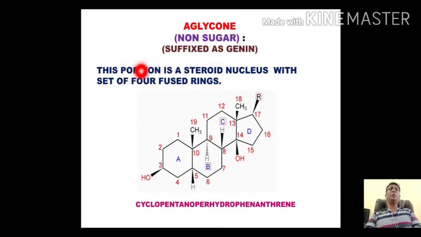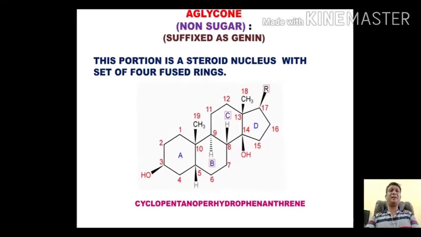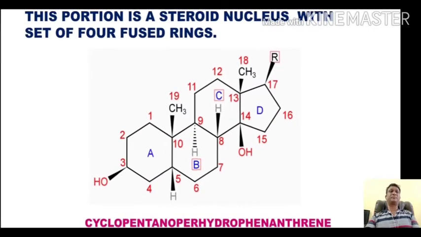This aglycone portion is suffixed as genin, and this portion is a steroid nucleus with a set of four fused rings, as you can see in the structure.